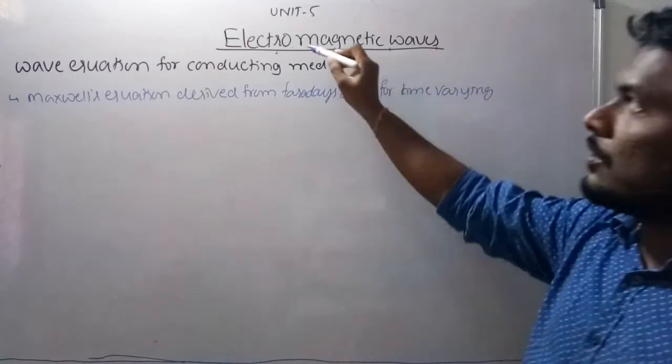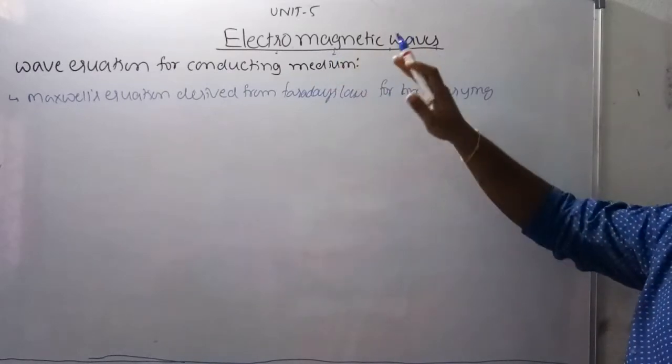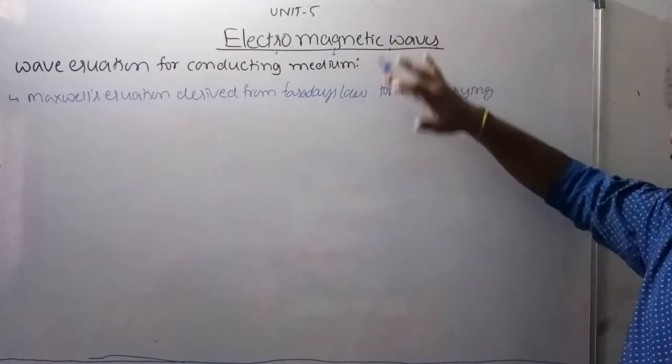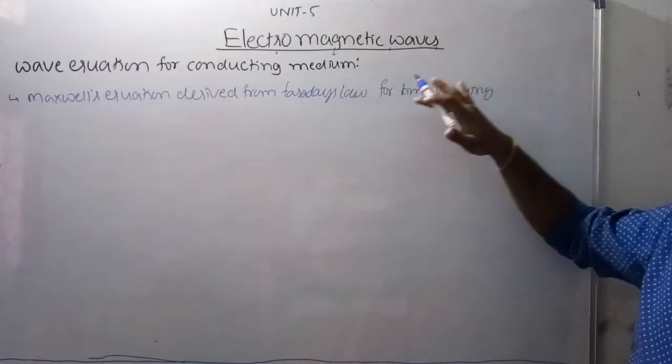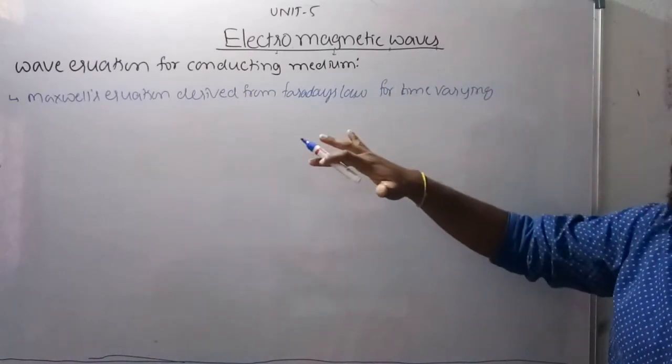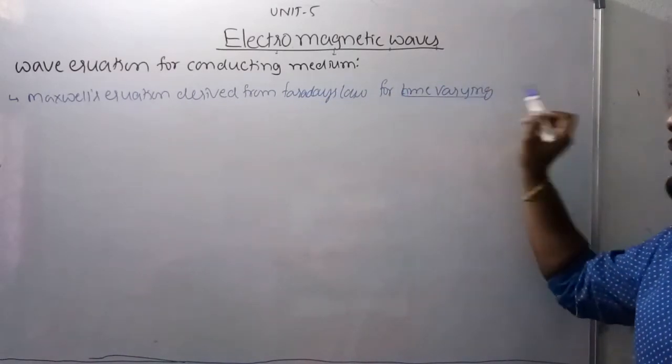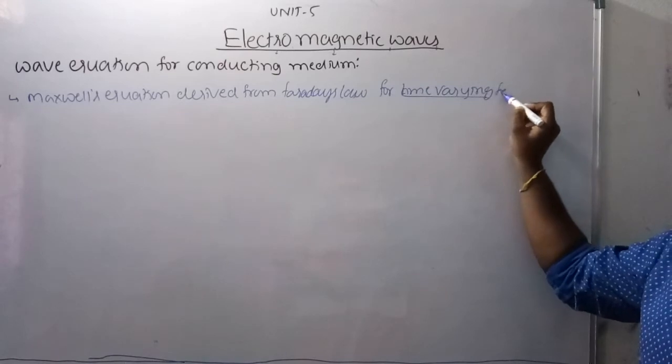Why? Because electric and magnetic waves both are propagating with respect to time, so we need to consider Maxwell's equations in the time varying form only.